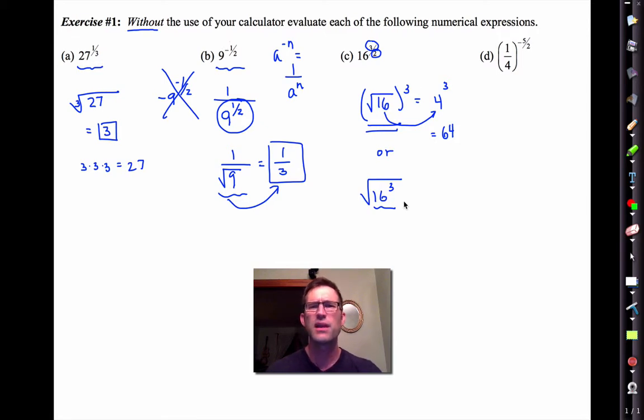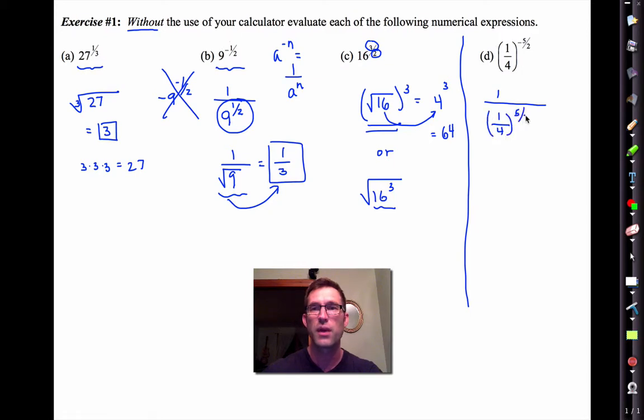All right, let's take a look at letter D, which is undoubtedly the messiest of them all, but can also be done in a variety of different ways. One way of doing this is just the straightforward brute force approach. In other words, we take a look at what we did in letter B, and we rewrite this as 1 divided by 1/4 to the 5/2. Okay, well, that's no problem, right? Then I say to myself, all right, that's going to be a combination of a square root and a 5th power.